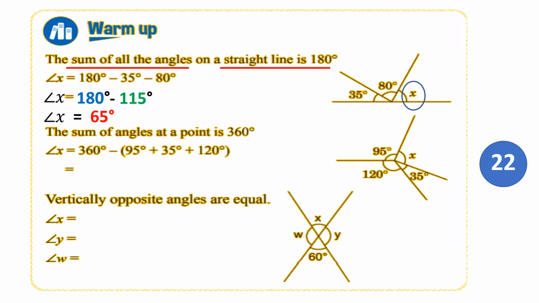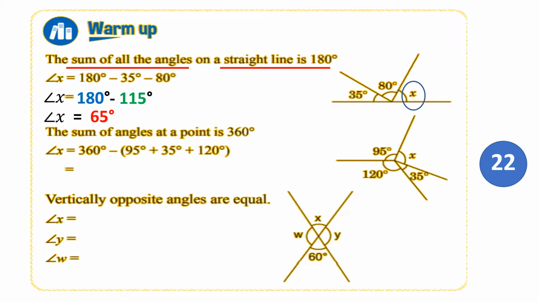Next, the sum of angles at a point is 360. Here, students, on the right side, the sum of all angles is 360.